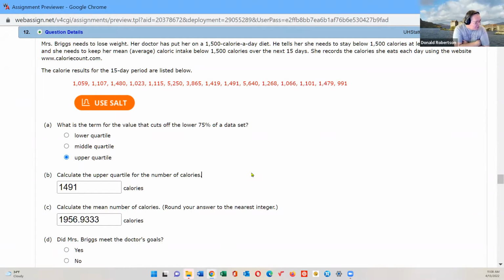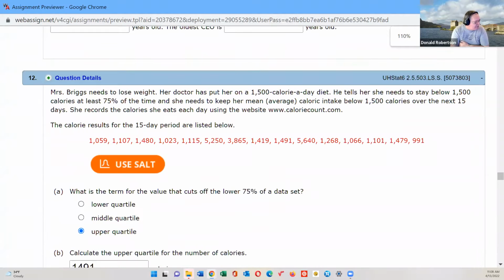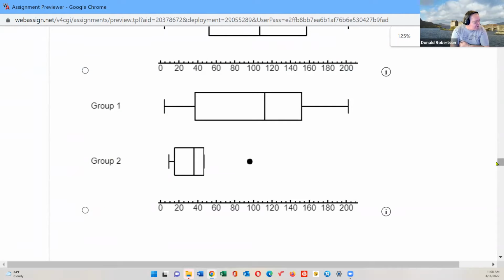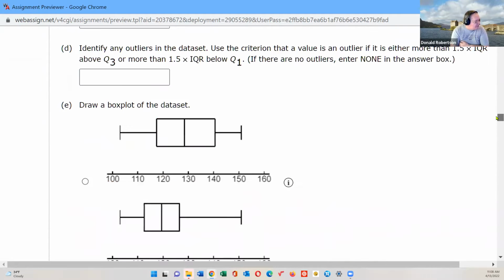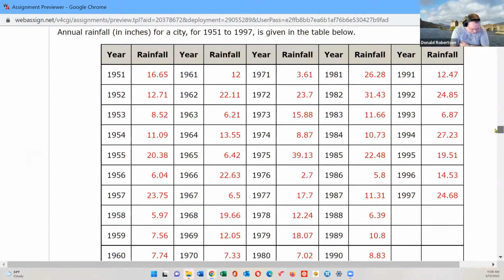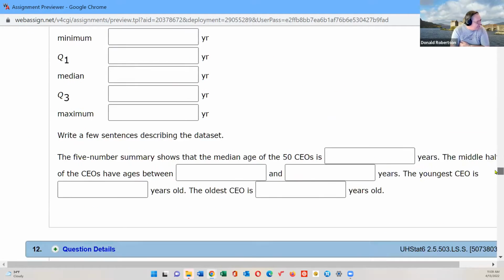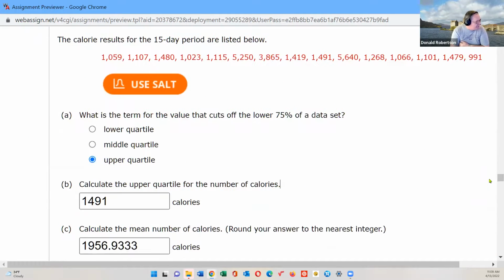I can tell you right now what I think happened to that poor woman, why she didn't quite make her diet. I'll try and make the numbers a little bit bigger because you may have a small screen. I've lost this question number. What number was it? Oh, here we are. We found it. If you look at all the calories, can you see that there was a couple of days where she went off the wagon?